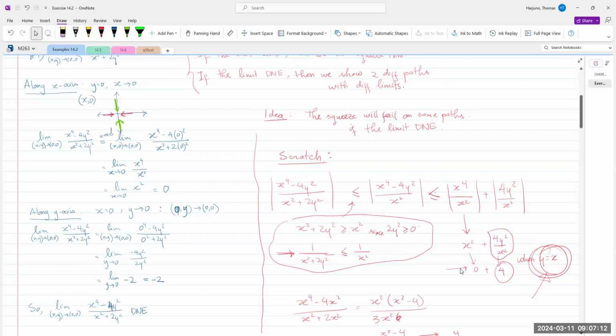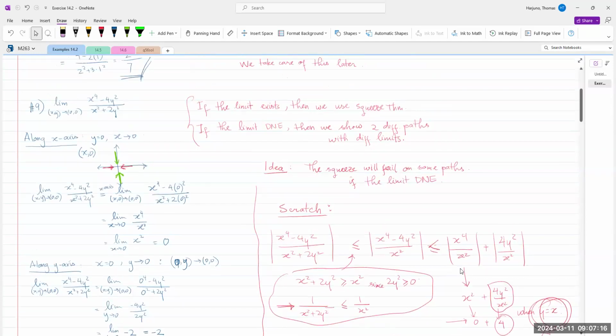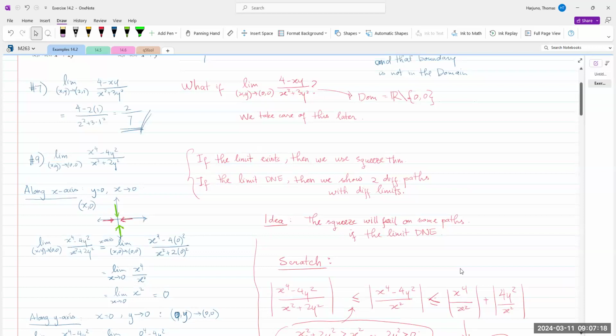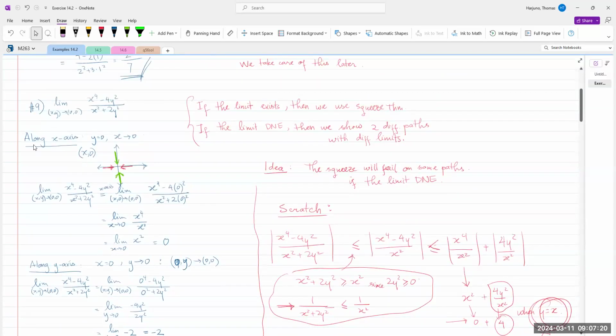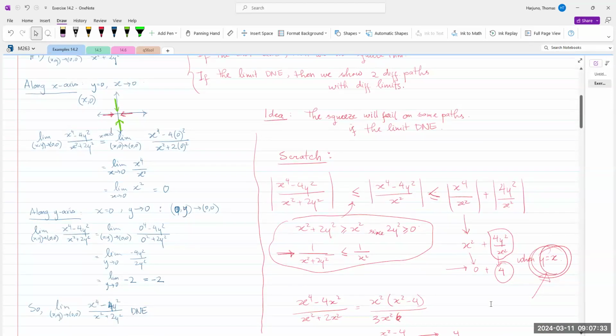If the squeeze works, it means the limit exists, and I show the formal work that the limit exists. But if on my scratch paper the x-axis and y-axis give me the same limit, then I try to squeeze on my scratch paper again. When I try to squeeze it, it doesn't work, and I see which path it doesn't work on.